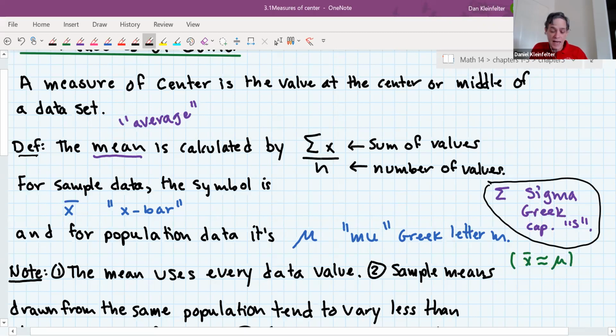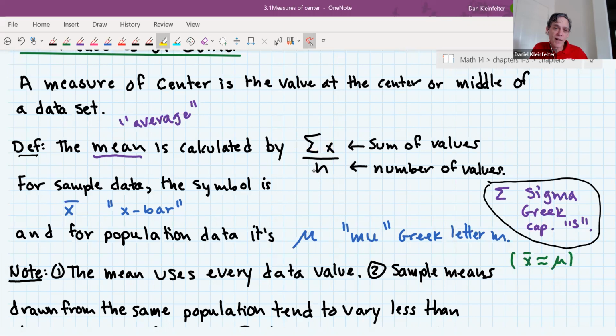The way to read that is, we're adding up all the x's. So read the sigma sign as add them up. So we're adding up all the x values, and then we're dividing by how many values we have. And that's how you calculate the mean or average for a data set.